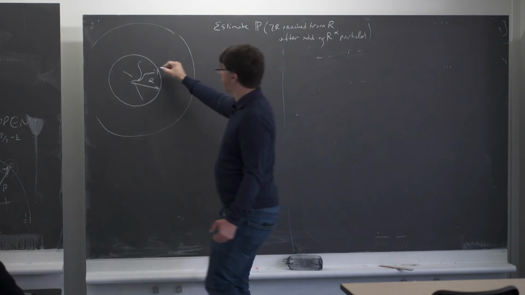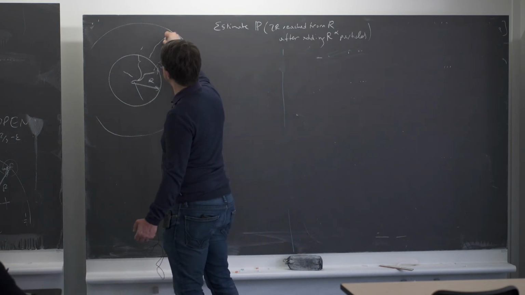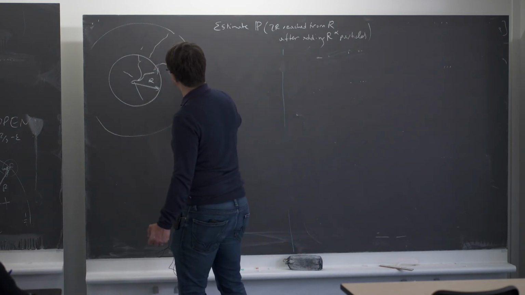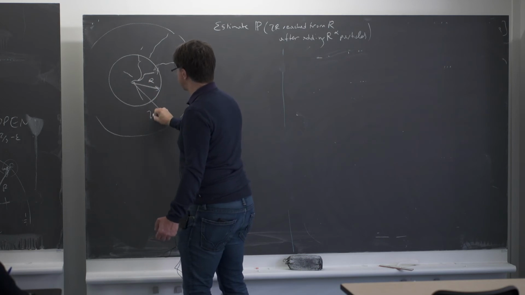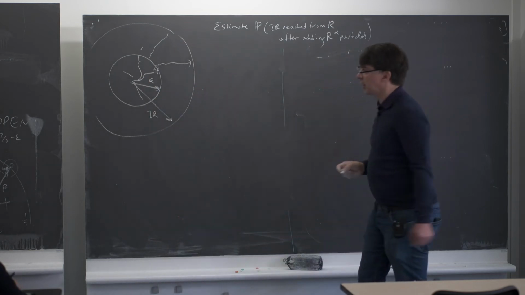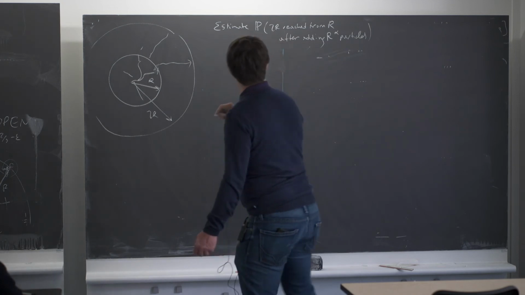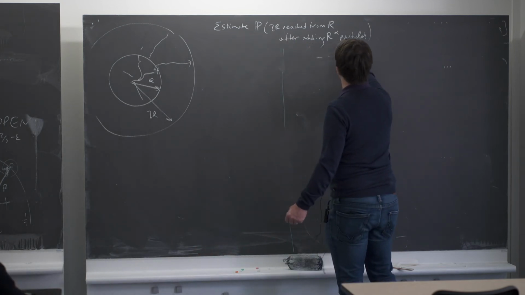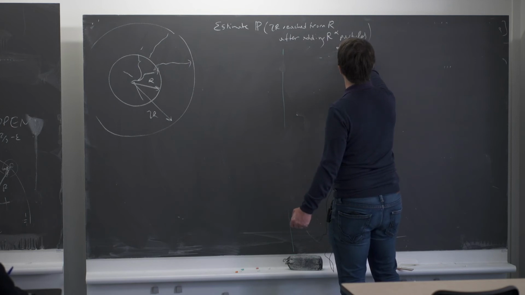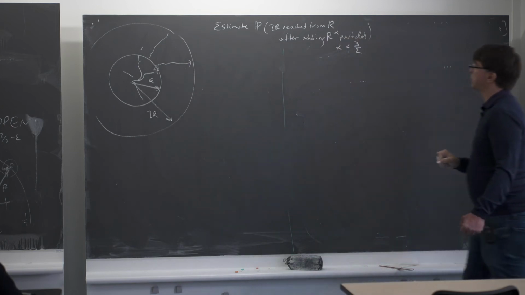So we start adding particles, it grows, and we estimate the probability that we reach size twice r after adding r to the power alpha particles, and let alpha be smaller than 3/2. And we'll see that the probability is very, very small.